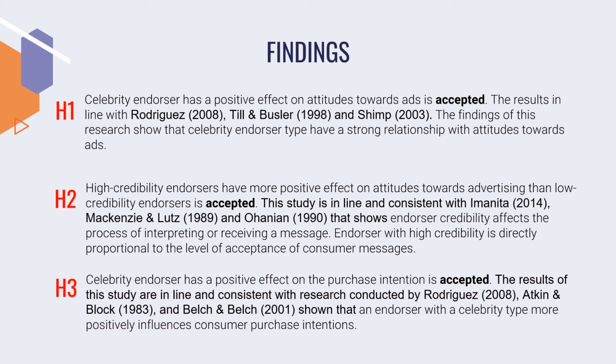This study is in line and consistent with Imanita 2014, MacKenzie and Lutz 1989, and Ohanian 1990, that show endorser's credibility affects the process of interpreting or receiving a message. Endorser with a high credibility is directly proportional to the level of acceptance of consumer messages.